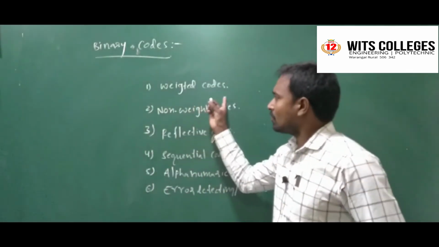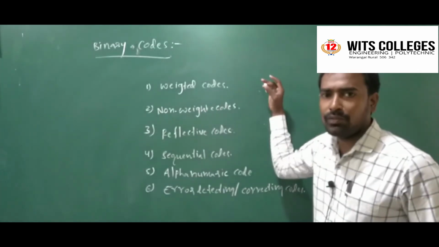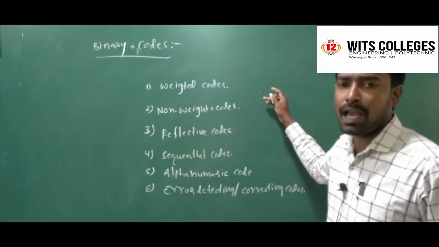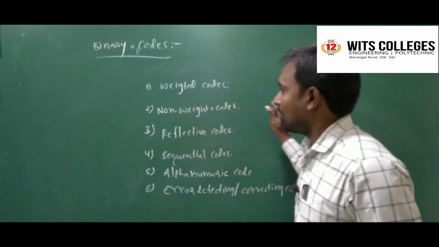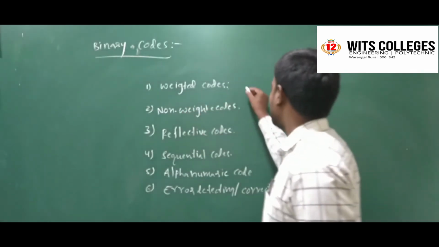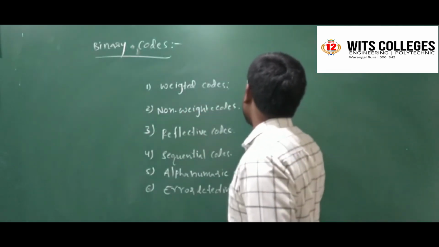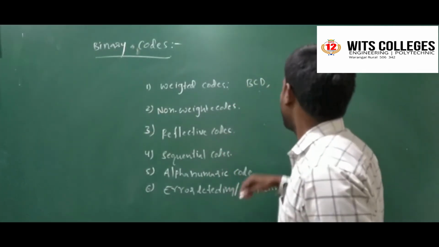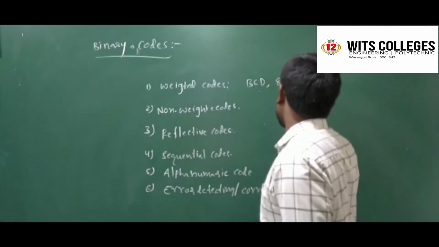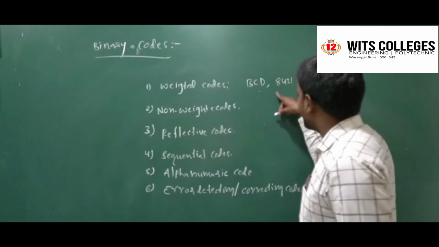Weighted codes are binary codes in which each digit has a particular weight. Examples of binary weighted codes are binary coded decimal, the 8421 code.